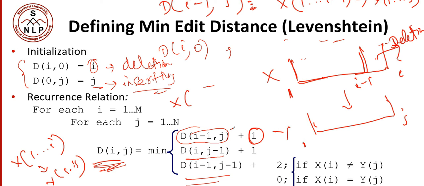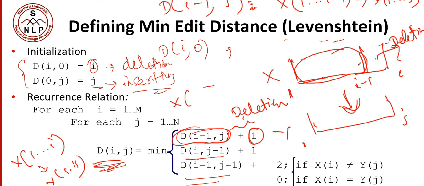This plus 1 indicates our deletion operation. So with the additional character, if we perform the deletion, we will get D(i,j). Then further D(i,j-1).